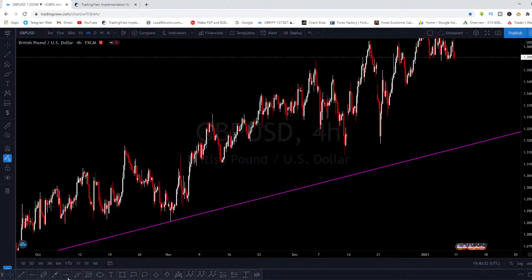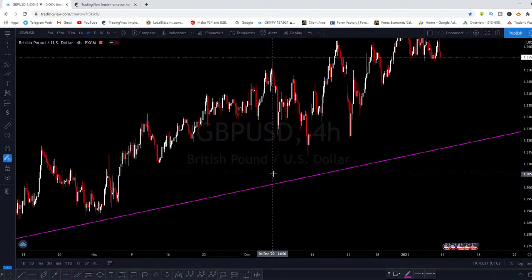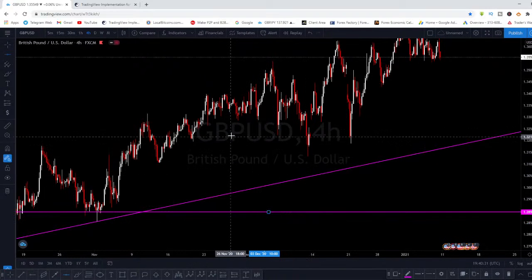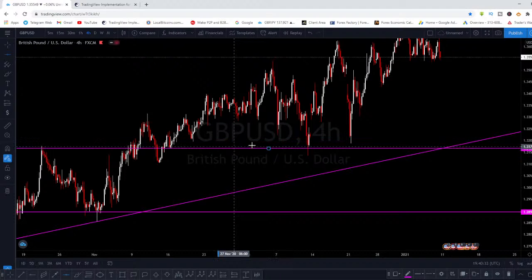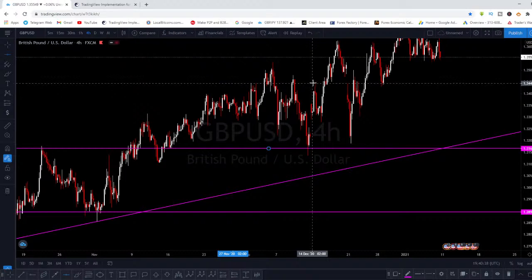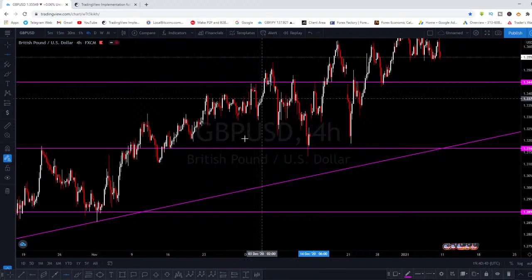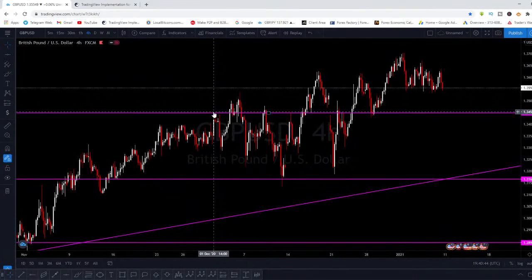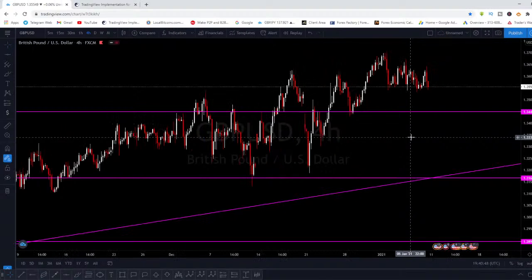So let me put my support and resistance so that you can understand exactly what I'm saying on these pairs. So these are some of my support and resistance on this GBPUSD, right? And of course, it's not going to be perfect based on the fact that the move did not perfectly happen.